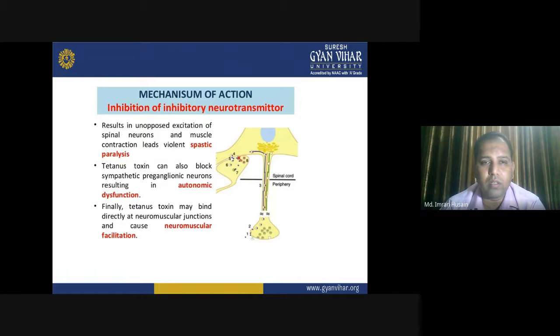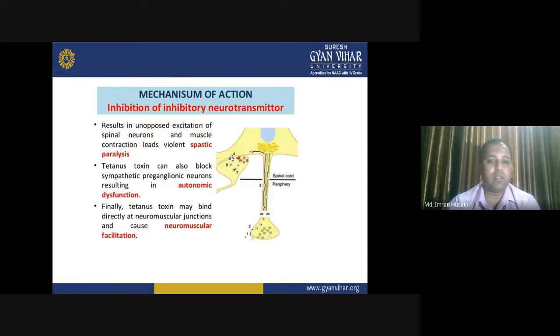So, mechanism of action. The result is unopposed excitation of spinal neurons, and muscle contraction leads to violent spastic paralysis. So it blocks neurotransmission in your central nervous system. Tetanus toxin can also block sympathetic preganglionic neurons, resulting in autonomic dysfunction.